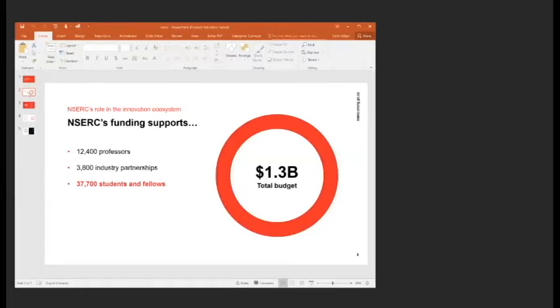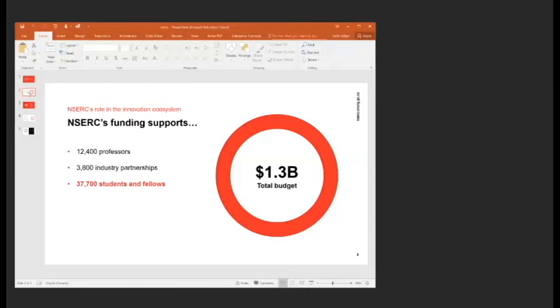So we support fundamental research to generate new knowledge, as well as the application of that knowledge in partnership with industry and other partner organizations.